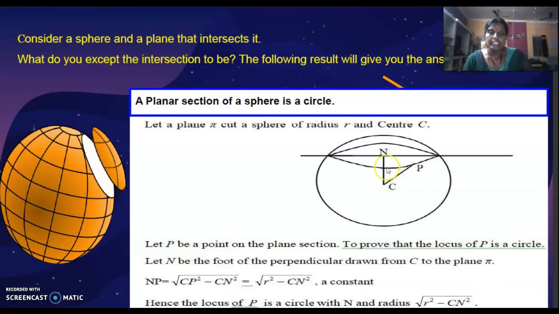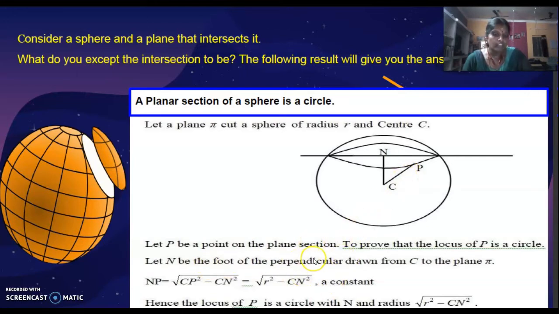Okay. Then we take a point N, the center of the circle, and N is the foot of the perpendicular drawn from C, the center of the sphere, to the plane pi, and we have to find the value of NP using Pythagoras theorem. NP equals square root of CP square minus CN square, but CP is nothing but the radius of the sphere, therefore R square minus CN square.